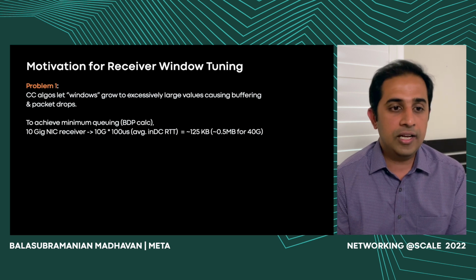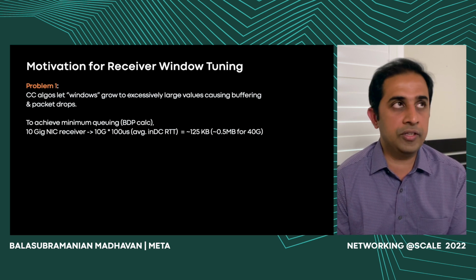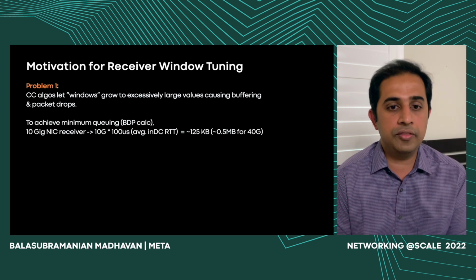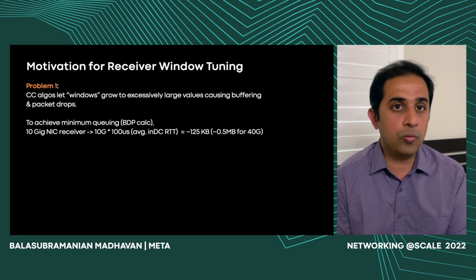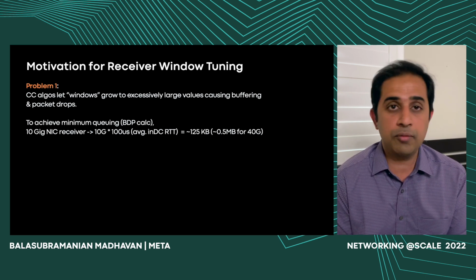region, right? Let's say we want to saturate a 10 gig receiver, right? And with RTTs for in-region flows around 100 microseconds, this value comes up to around 125 KB, which translates to a very small number of packets actually, right? And this is considering 100 microseconds.